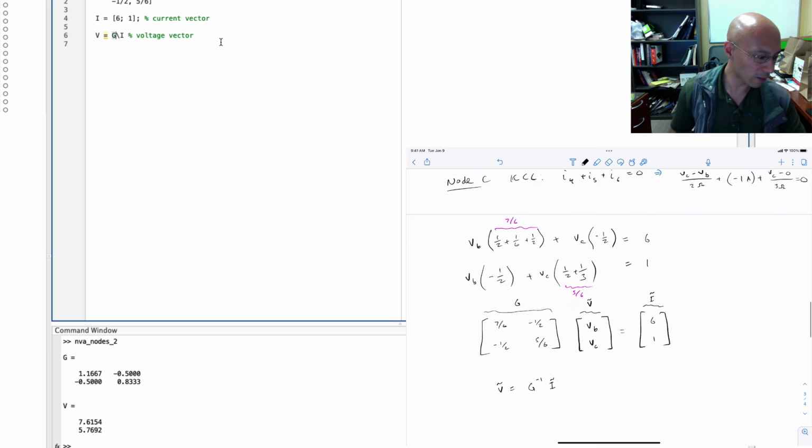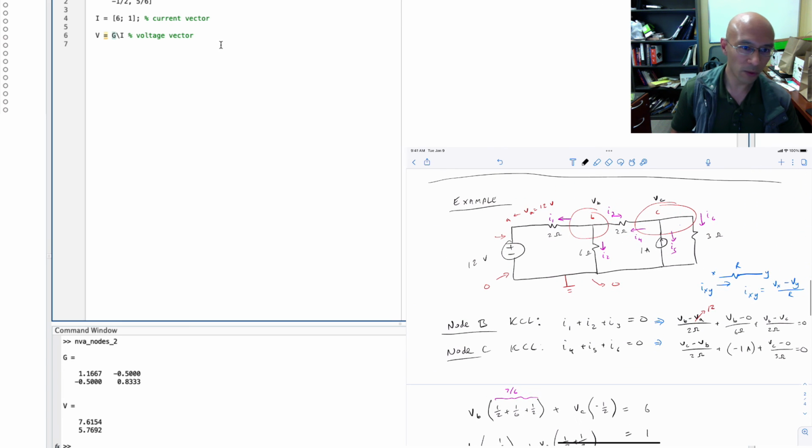Now, we want to double check this, so what will we do? We'll recognize that VB is the first element of V, and VC is the second element. That'll be a nice little shortcut. So I'll just check here. I1 is VB minus 12.